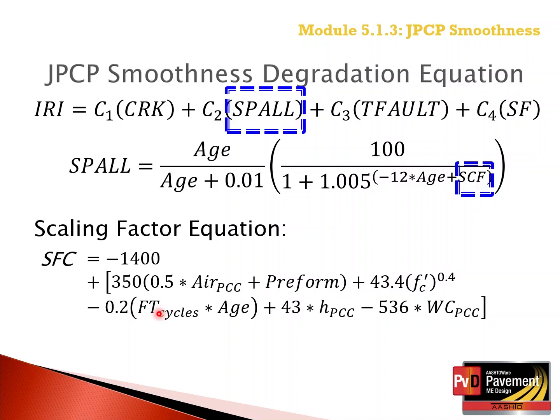FT cycles, or freeze-thaw cycles, is the average annual number of freeze-thaw cycles. Age is the pavement age in years. HPCC is simply the concrete slab thickness. And WCPCC is simply the water-cement ratio of the concrete mixture.